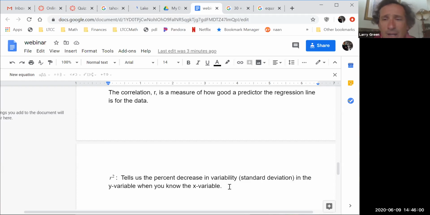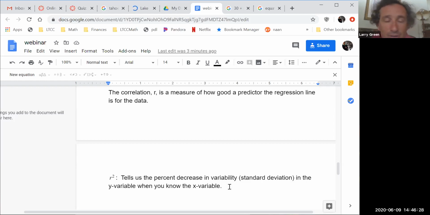So what do you think about a college? What do you think R squared will be for the college, if it's age versus height? Okay, so if the x variable is how old you are, and the y variable is how many inches tall you are.